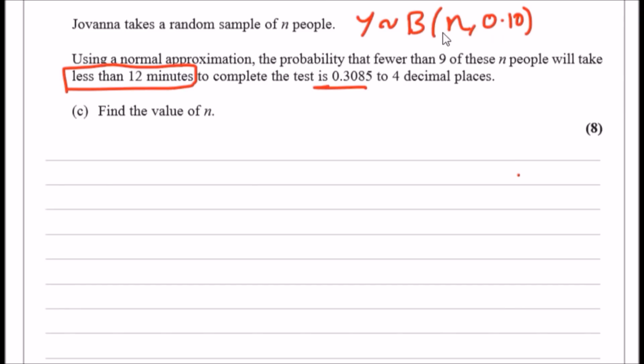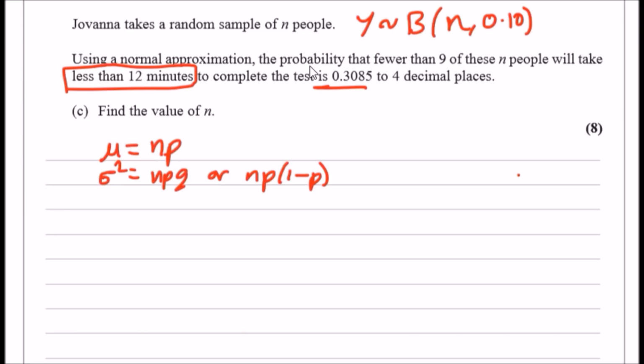Now, how to convert this to a normal is very straightforward. Firstly, we need to find the mean, which is simply, for binomial, n times p. And we need the variance, which for binomial is n times p times q, or you might see it as np times 1 minus p. It's just the leftover.